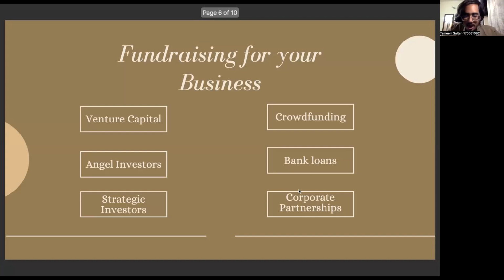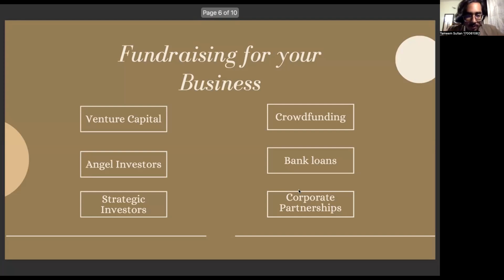Then there are angel investors. Angel investors are basically high net worth individuals who invest in early stage companies. They typically provide a smaller amount of funding compared to venture capital firms, but this can be a very good option for entrepreneurs who need seed funding. And then we have crowdfunding.